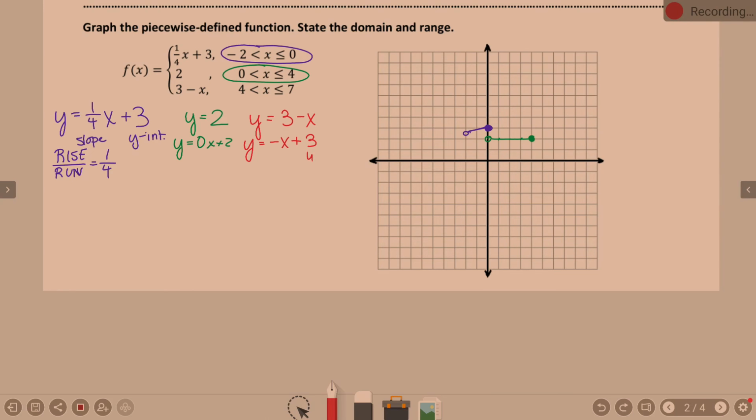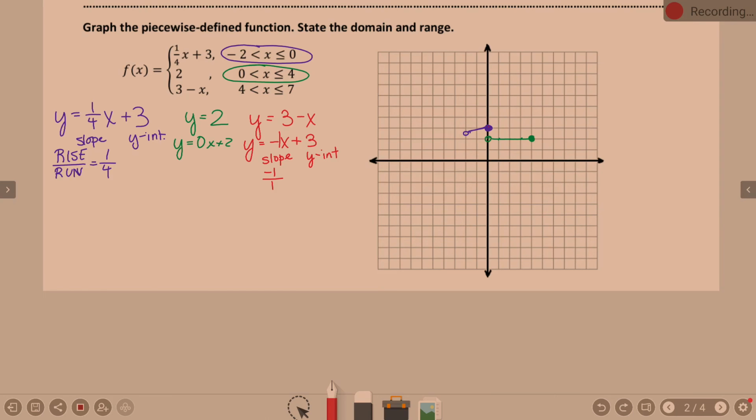So this time we have a y-intercept of 3 and a slope of -1, which as a fraction is -1 over 1. We need an intercept of 3.